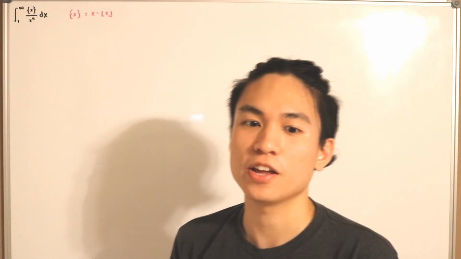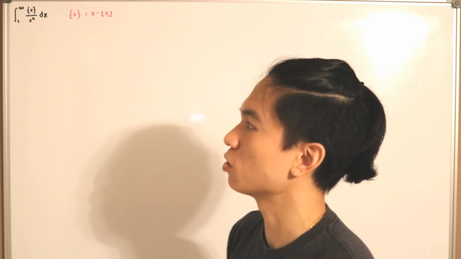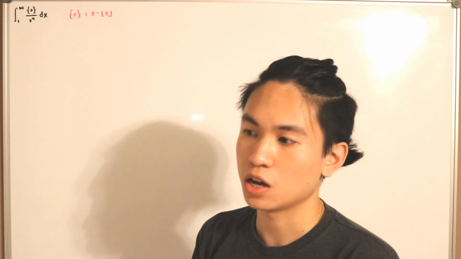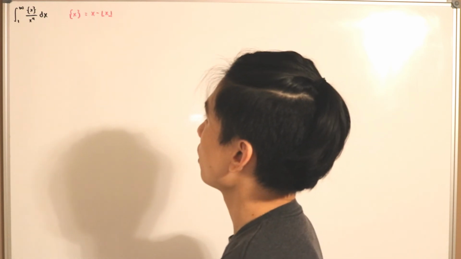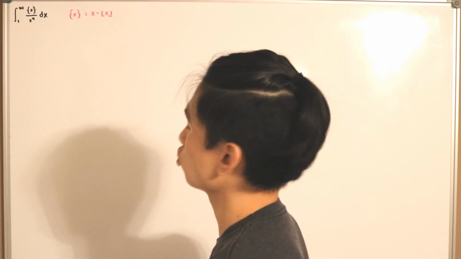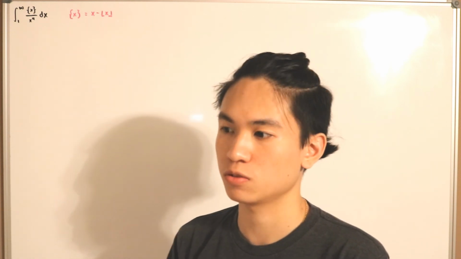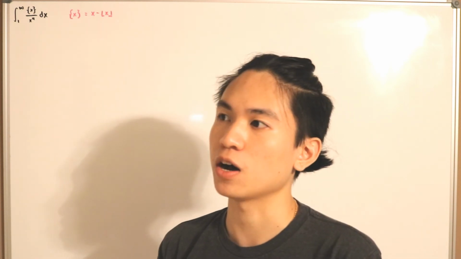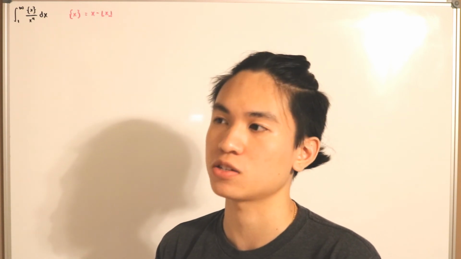A floor function is also known as the greatest integer function, where it denotes the greatest integer less than or equal to x. So for example, if x is equal to 2.5, the floor function of that is 2. If x equals pi, then the floor of pi is 3.